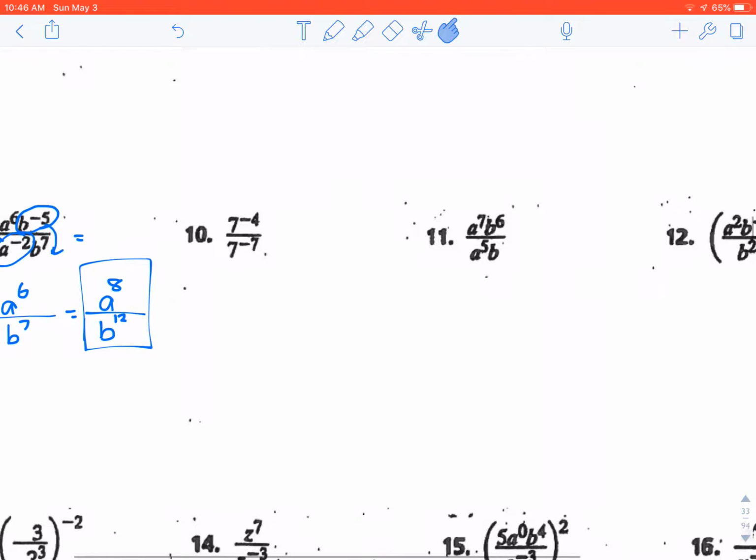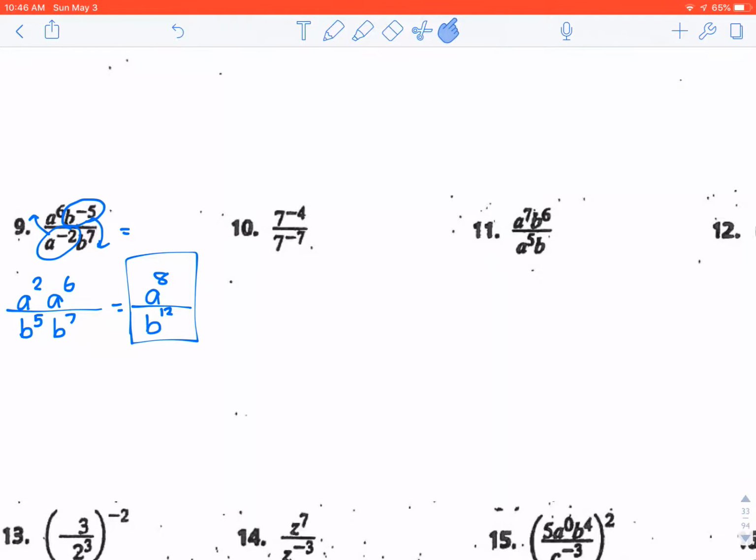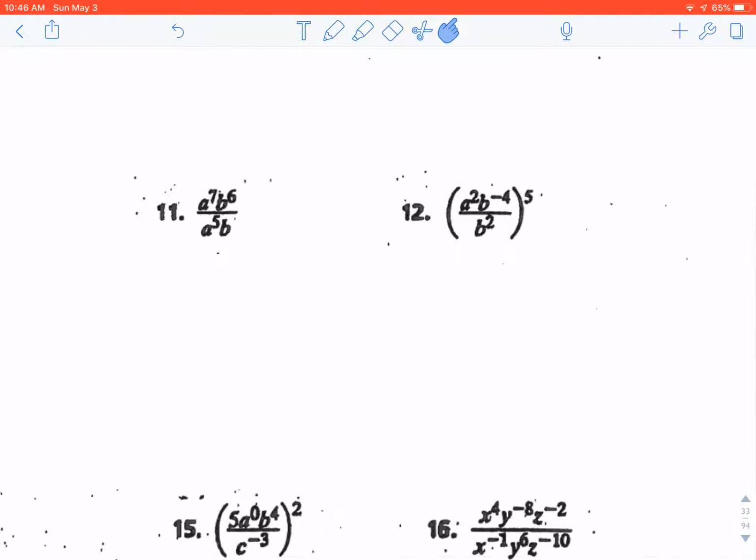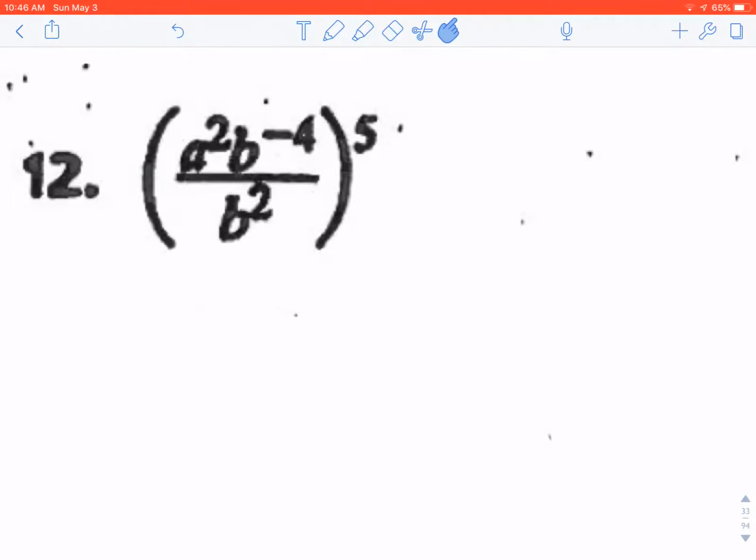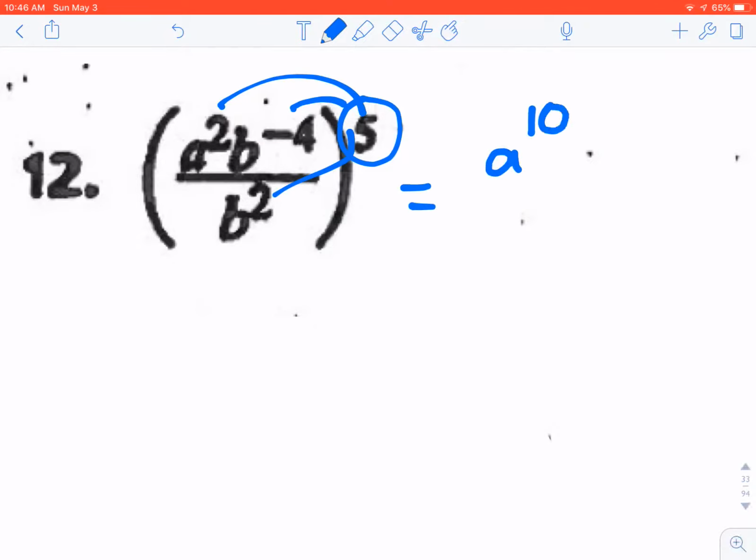All right, let's jump to number 12. Okay, so number 12, our first step, clear parentheses. So we're going to multiply that 5 through. So a to the 10th, b to the -20th, over b to the 10th.